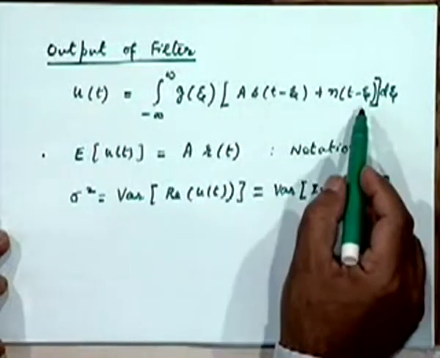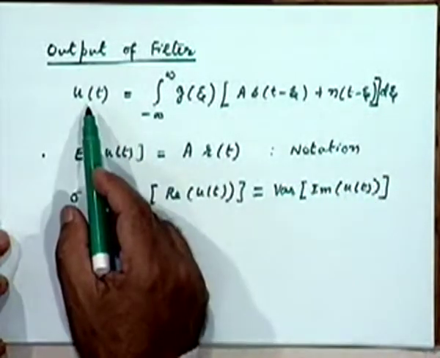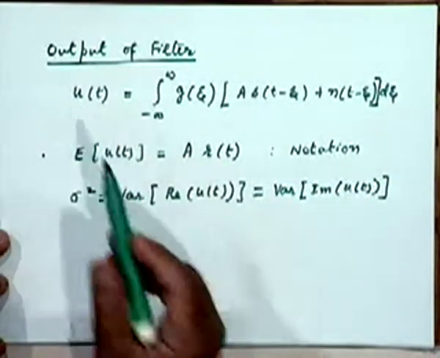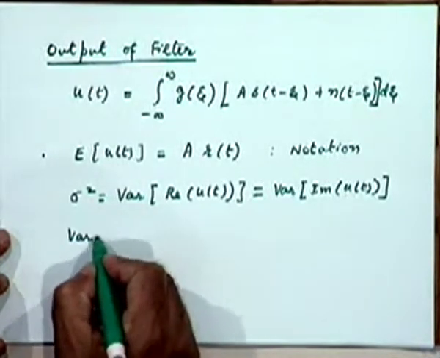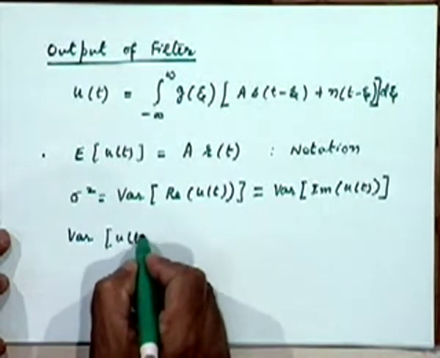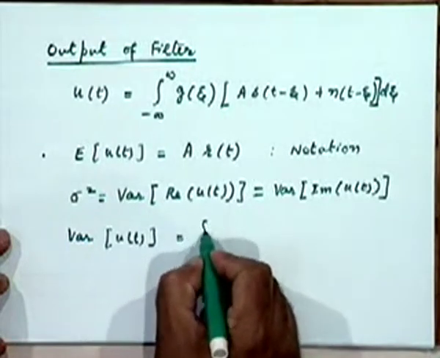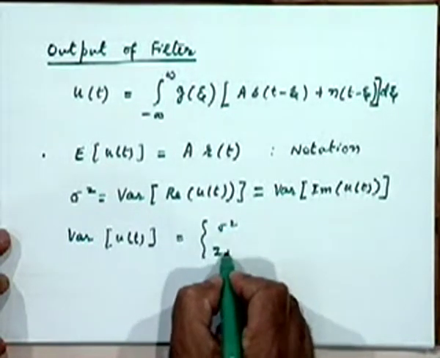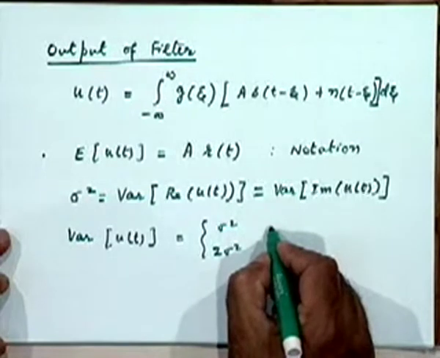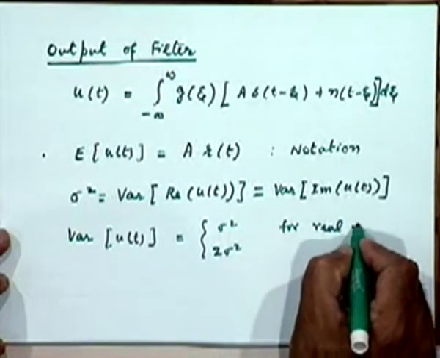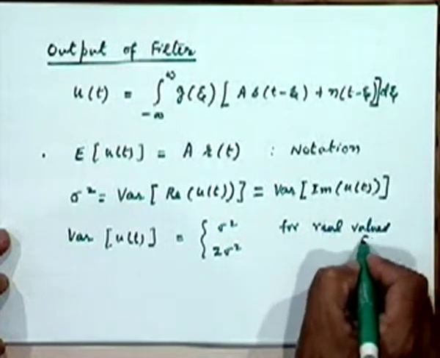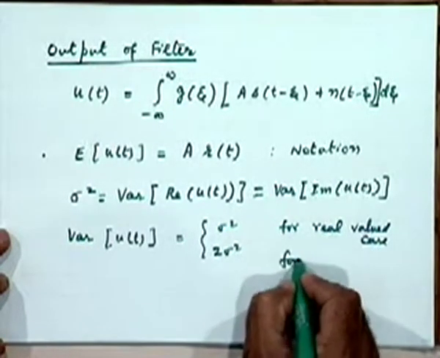If everything is complex valued, then the variance will become 2 sigma square, as we have seen earlier. So the variance of u(t) will be either sigma square or 2 sigma square, depending on whether it is real valued or complex valued.